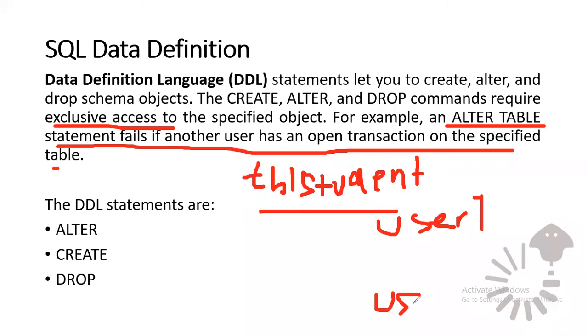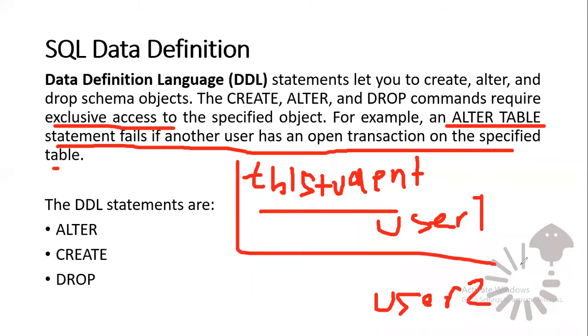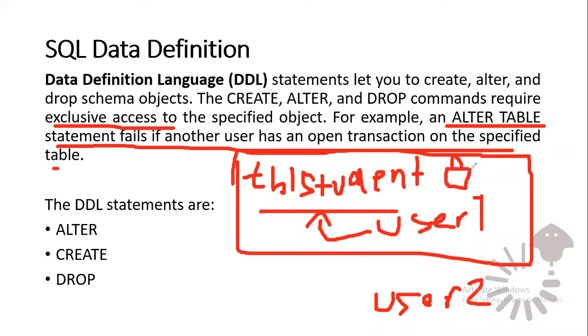So kaninong command yung susundan niya kung parehong merong ginagawa? The ruling here is FCFS. Kung sino yung unang nakapag-access, nakapag-open ng connection, kapag nag-connect na si user, ito yung unang nakapag-connect kay table, nakalock to. Hindi siya for a minute, hindi siya for weeks, for days.